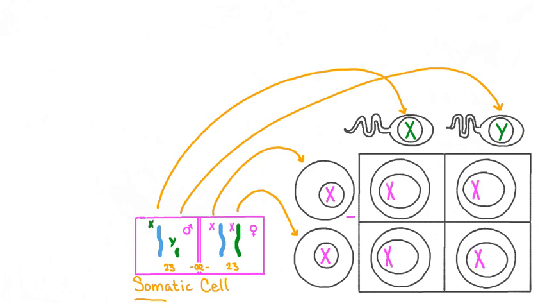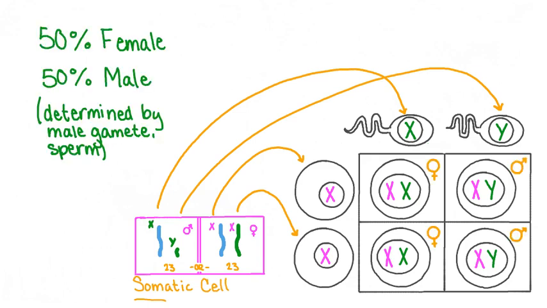This tells us that all offspring invariably inherit one X chromosome from their mother, whereas there's an equal chance of inheriting either an X chromosome or a Y chromosome from their father.